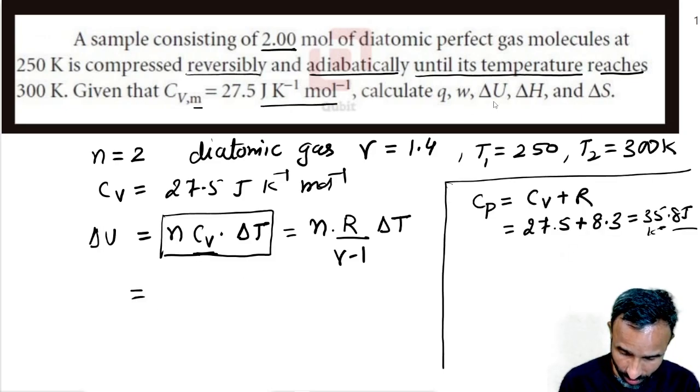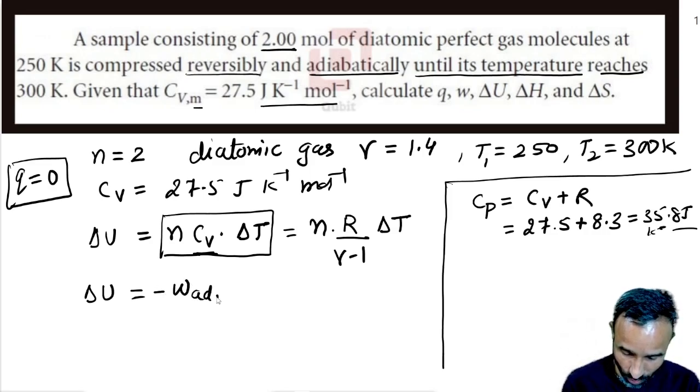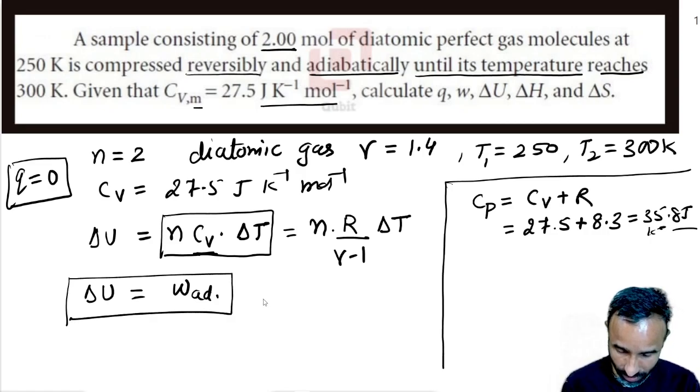Delta U and W: because it is an adiabatic process, Q is 0. Yes, the value of Q is given as 0, and delta U is W adiabatic, meaning there is no need to apply anything further.